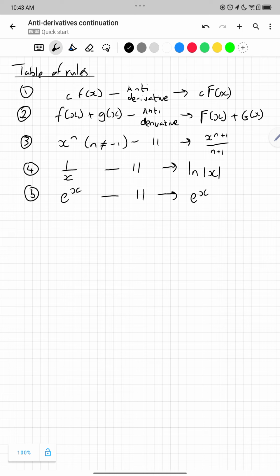Okay, and then number 6, b to the x. The antiderivative of it is b to the x all over ln b.